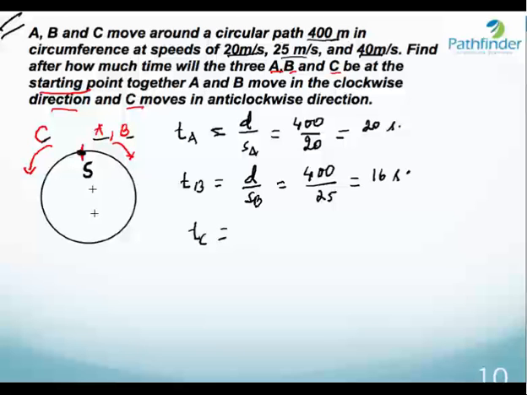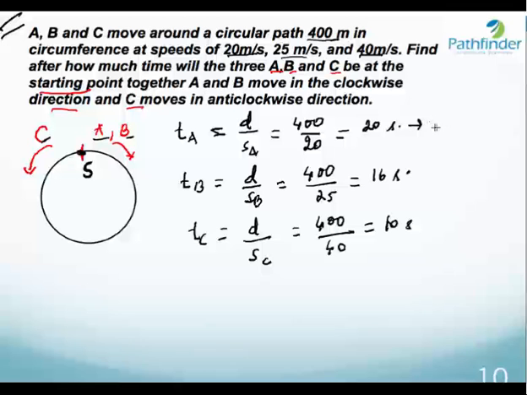And although C is moving in a different direction, we still should understand that he will come back to the starting point after an interval which must be equal to the distance divided by the speed of C. In this case, the distance is again the circumference, which is equal to 400 divided by 40, and that gives us 10 seconds.